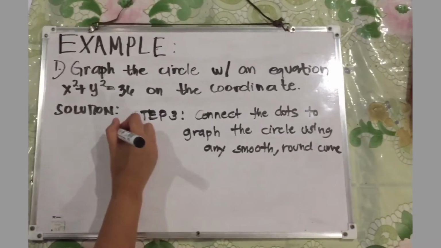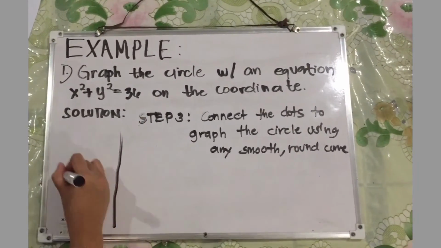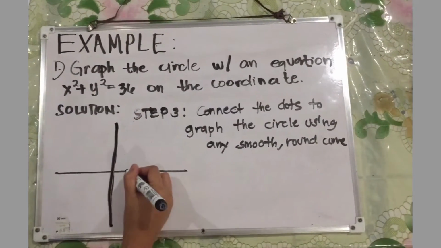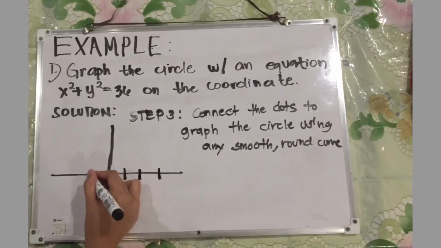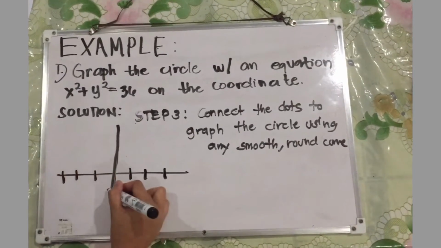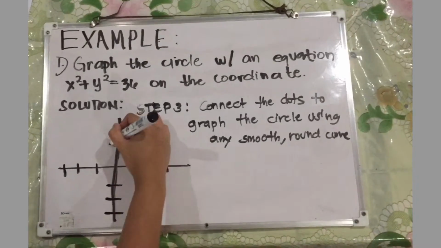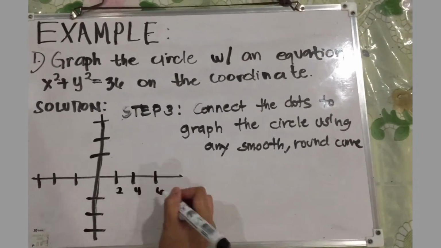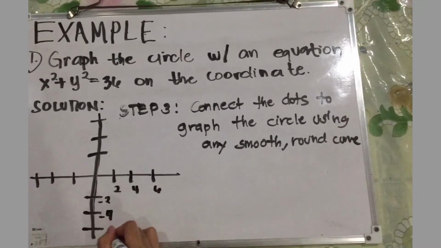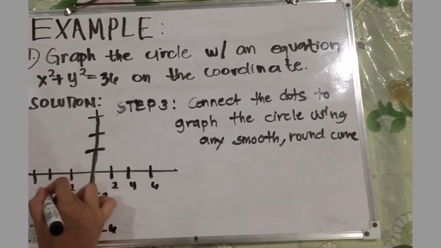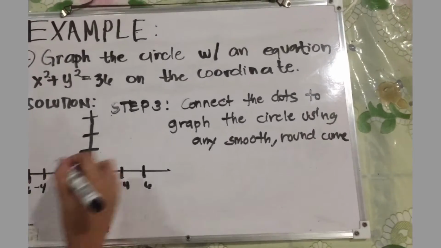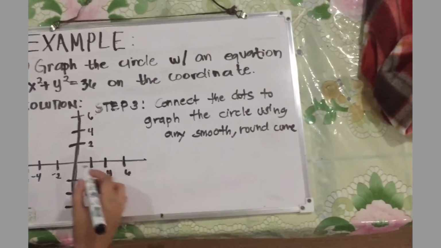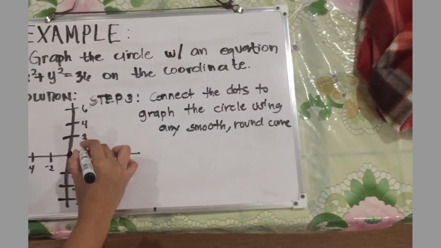So in graphing the circle, the center is (0, 0).